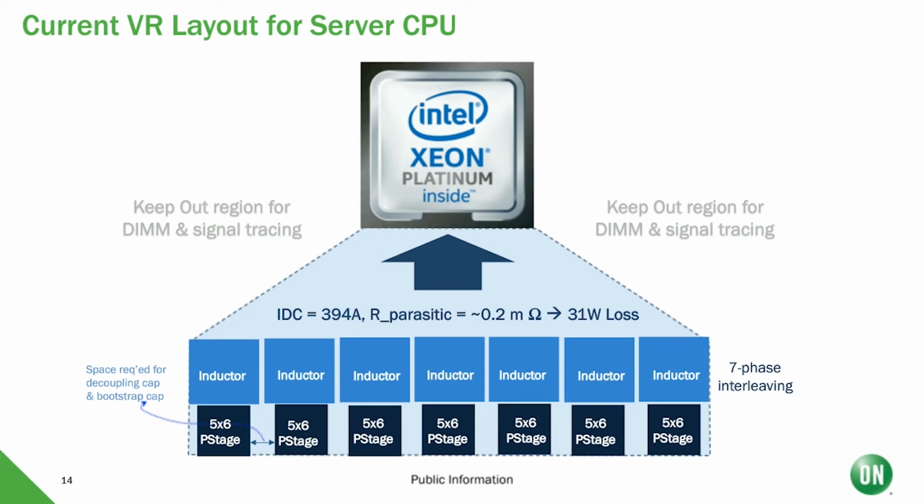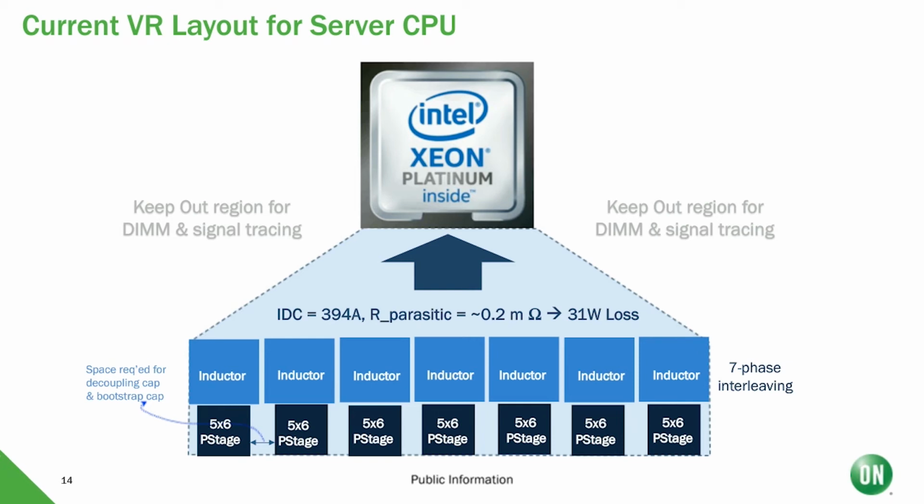If you run a parasitic extraction of the board, you can see that in this generation it's a 7-phase design from the Ice Lake CPU. There's about 0.2 milliohms of parasitic resistance between the voltage regulator and the CPU.